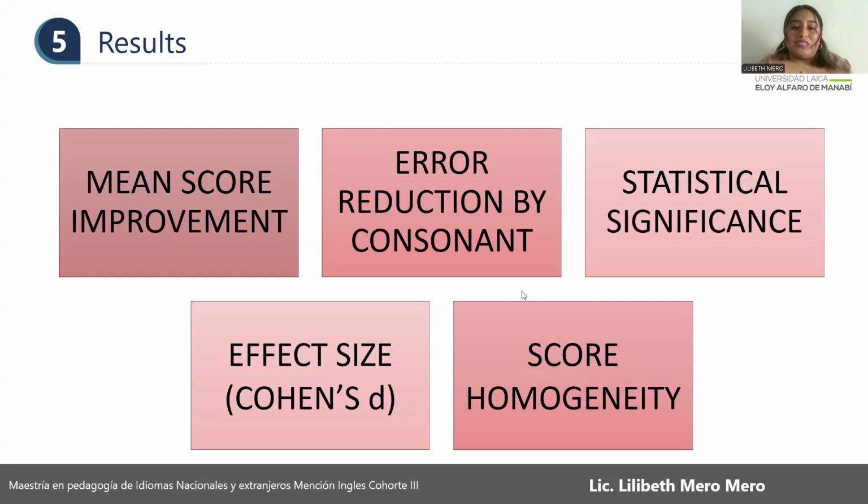This indicates that the improvement was statistically significant. The effect size was Cohen's d equals 1.72, which is considered a large effect size and demonstrates a strong pedagogical impact. Additionally, the standard deviation decreased from 0.9 to 0.7, which indicates greater score homogeneity after the intervention.